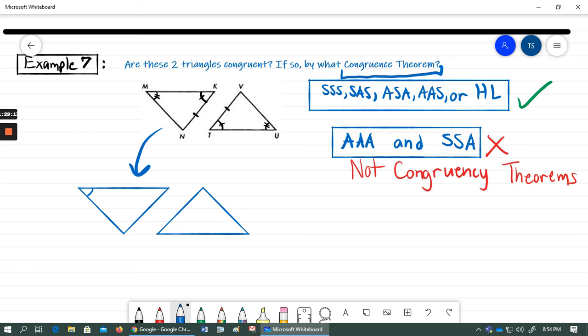We've got this congruency mark right there. Hold on, wait a second now. There we go. That congruency mark, this one, and this one here, and we've got this congruency mark, this one, and this one here.